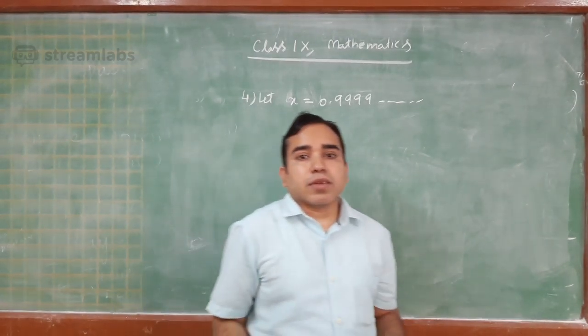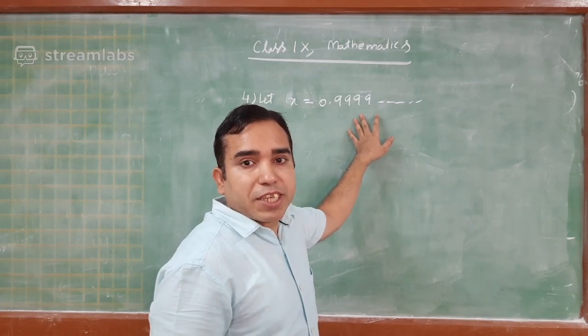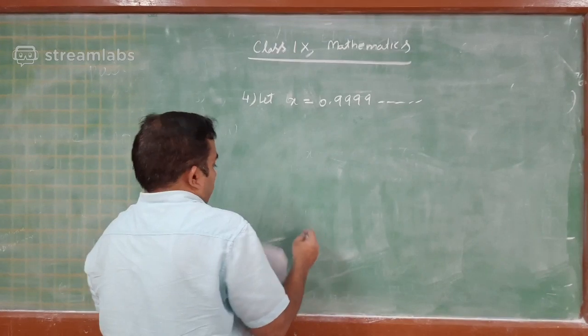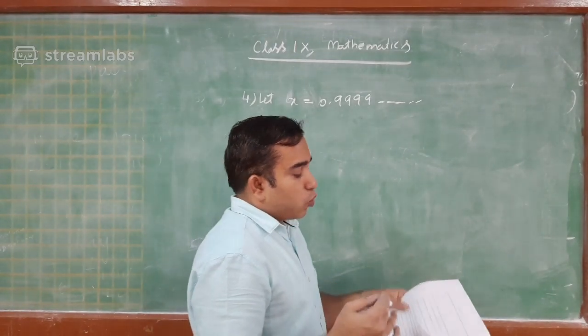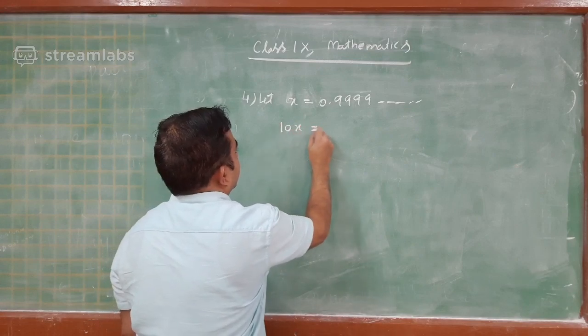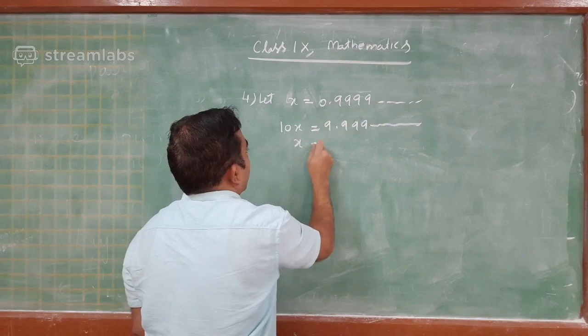So it is a rational number. It has which decimal expansion? Recurring decimal expansion it is. Now they are asking first that you write it in P upon Q form. So the same thing, multiply with 10. Both sides, write the smaller number again.